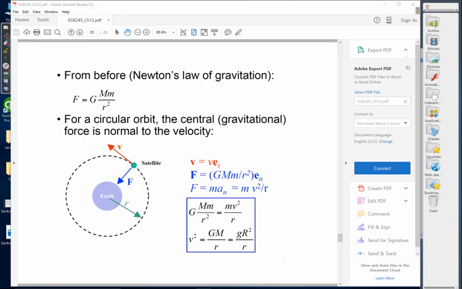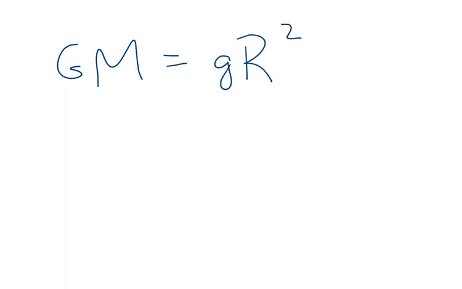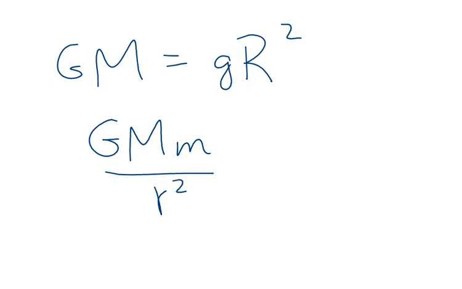Why is big G times big M equal to g R squared? Very simple. Remember we said that GM over r squared is equal to mass times the acceleration due to gravity on the surface of the Earth.